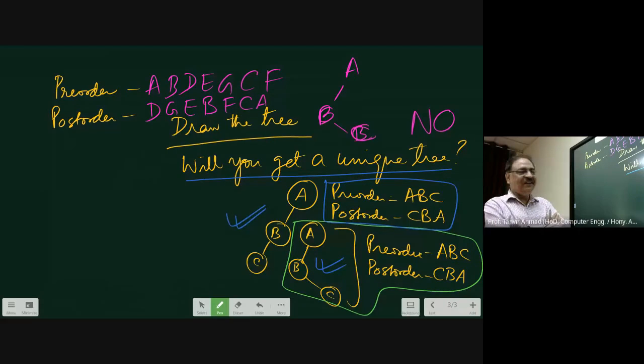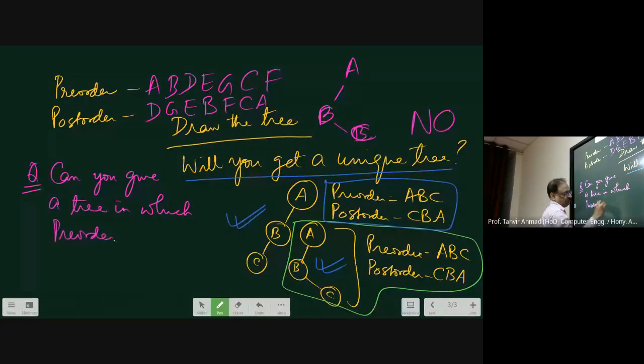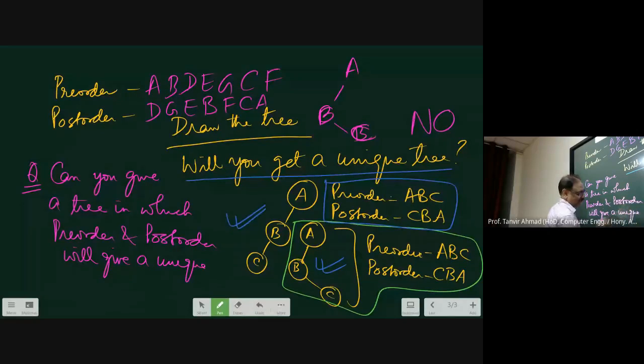Tell me, why do I say this? The question is, can you give a tree in which the pre-order and the post-order will give a unique tree?